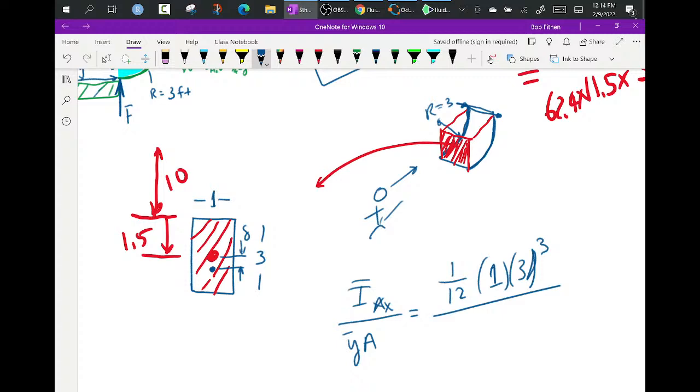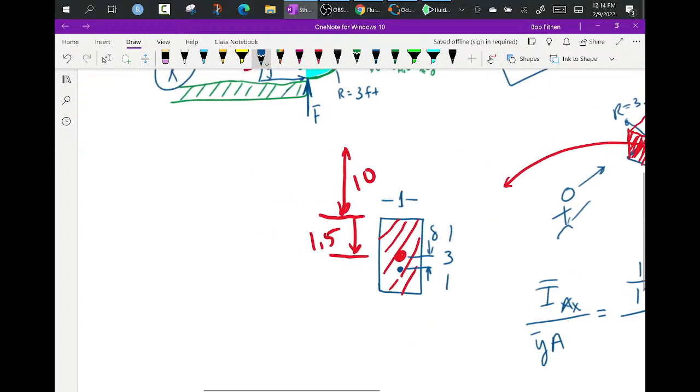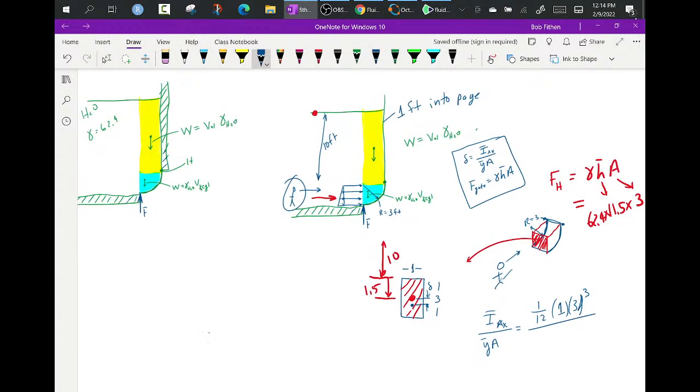In this particular case, let's think about what y bar and h bar are. An inclined gate has the top of your water here, and here might be your centroid. This would be h bar. This would be y bar.